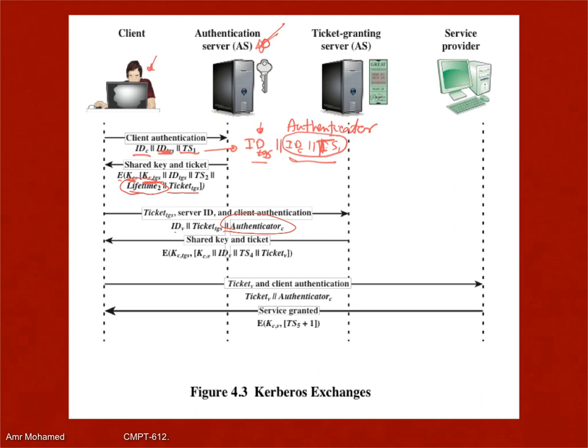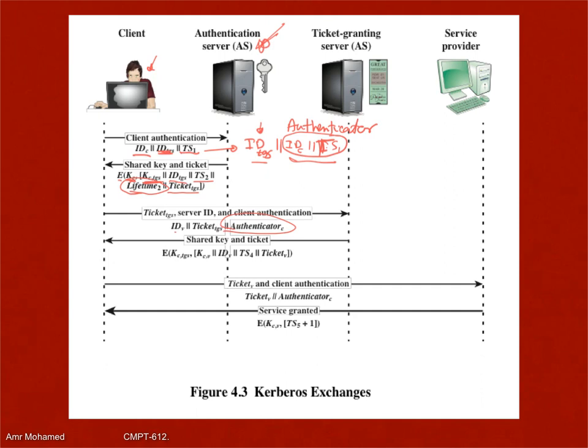The ticket is also required because this is the grant from us so that we don't have to go through authentication again. But we have the ID TGS, the timestamp 2 and the lifetime 2. These are presented as extra information, so we'll talk about why we need this.